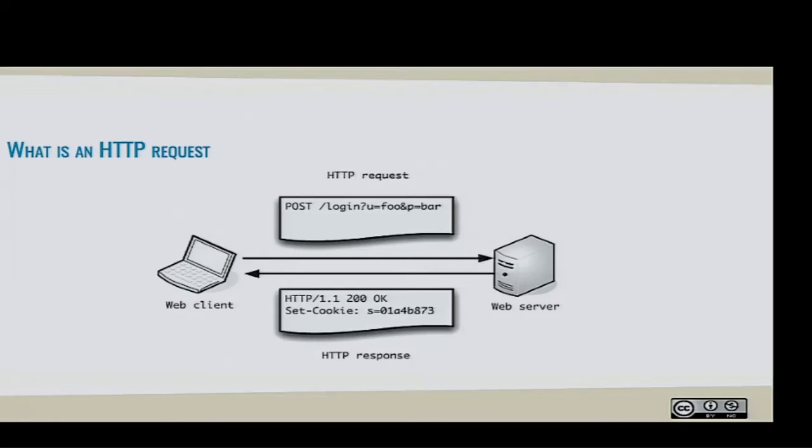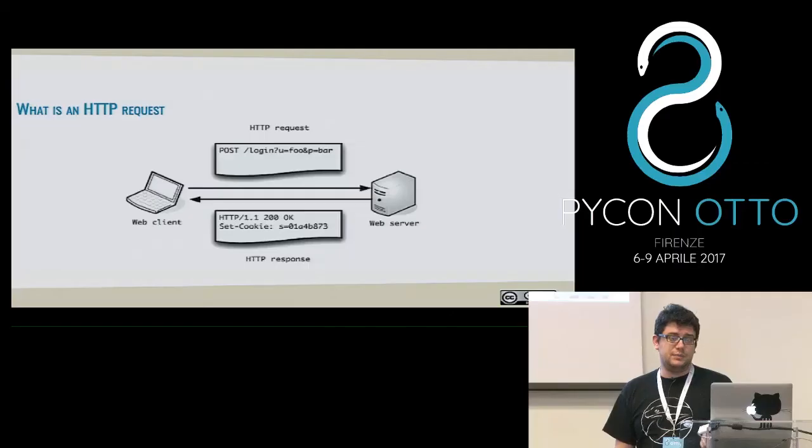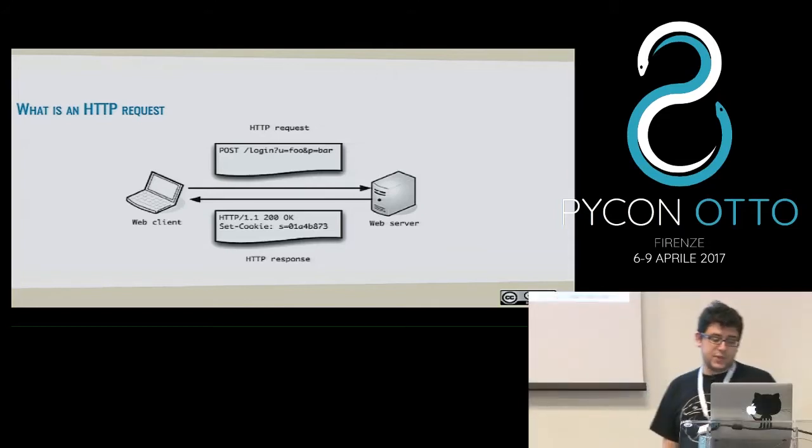In this example, the web client wants to perform a login on the web server. Performing a login usually involves using the POST action. With the POST action, you are sending some data. Here we see that with the POST action on a specific URL, we are sending username and password that are form parameters.